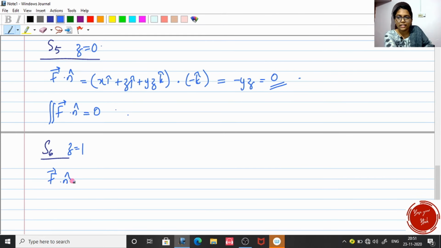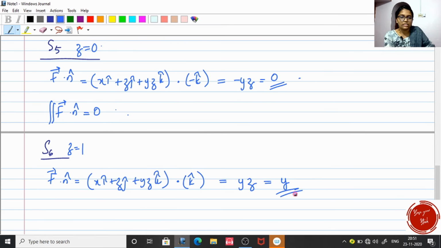F dot n cap is xi plus zj plus yz k, and n cap is positive k cap. Yz into 1 is simply yz. Again let us substitute z equal to 1, so that is y.